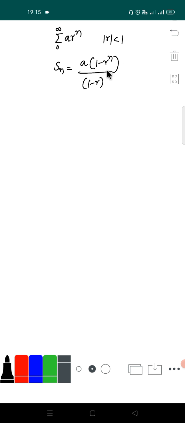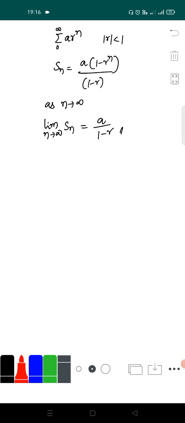As n tends to infinity, if modulus of r is less than 1, this term is going to be 0. So the limit as n tends to infinity of Sn becomes a by 1 minus r.